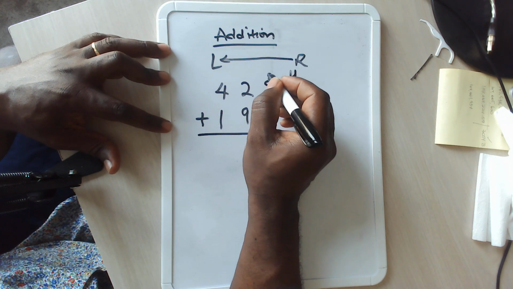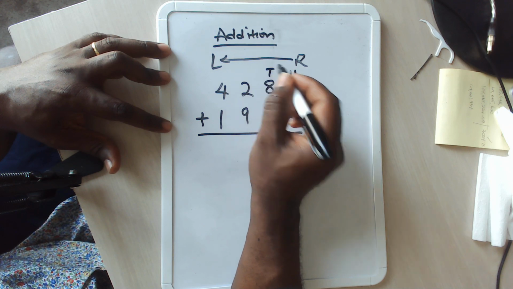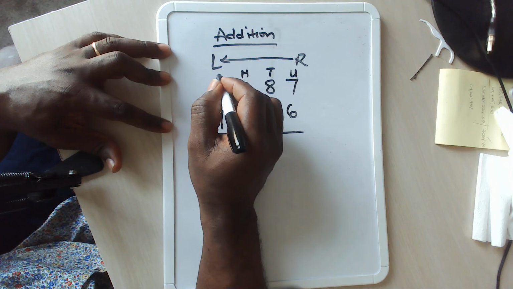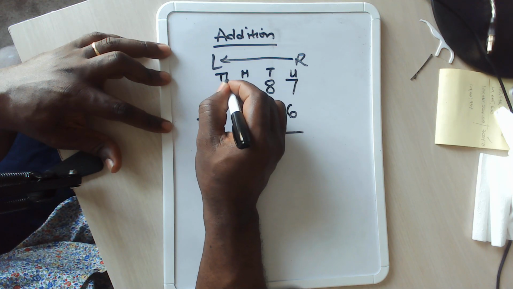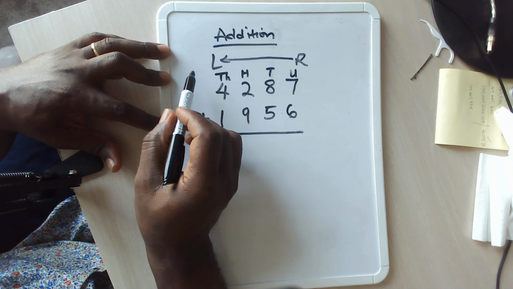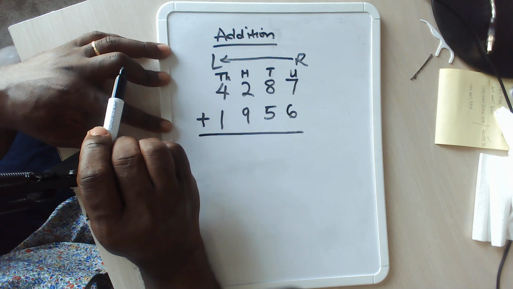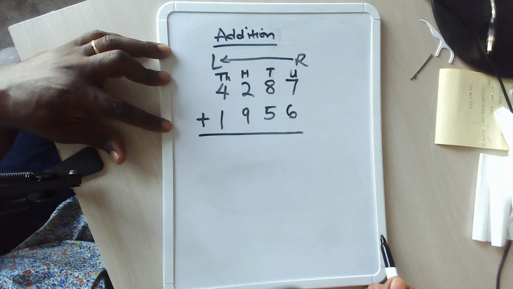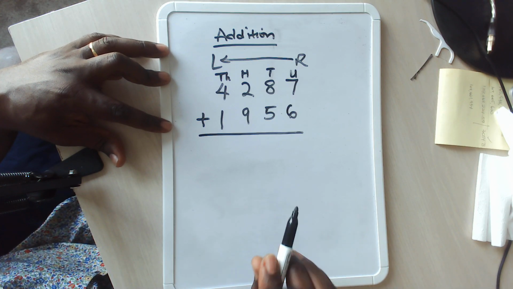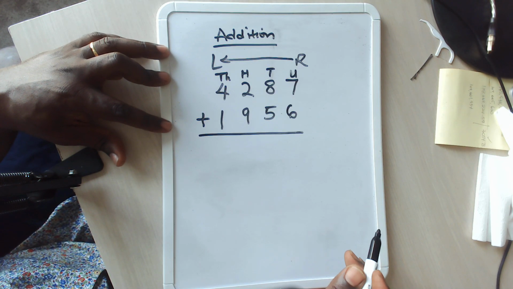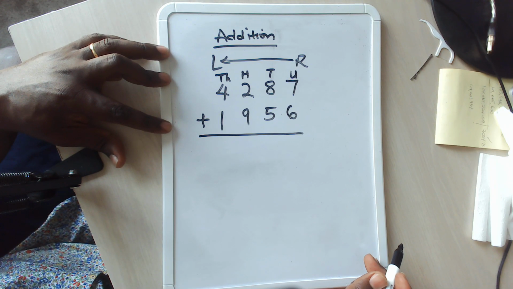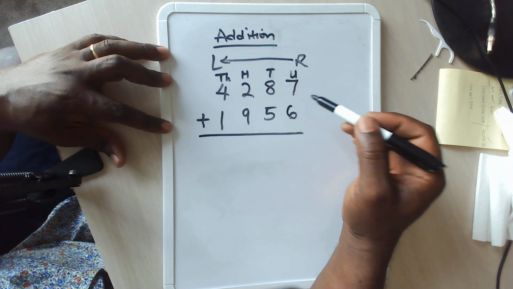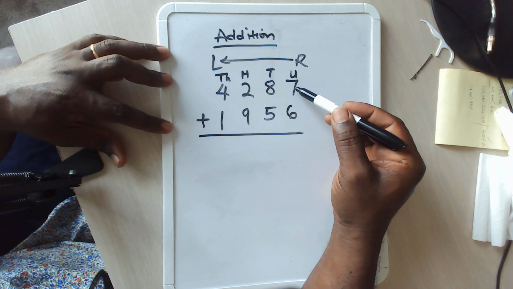The next one will be the unit of tens, and then the unit of hundreds, and the unit of thousands. The unit of 10,000, unit of 100,000, unit of 1 million, and it can extend like that depending on the complexity of the figures you are adding together.